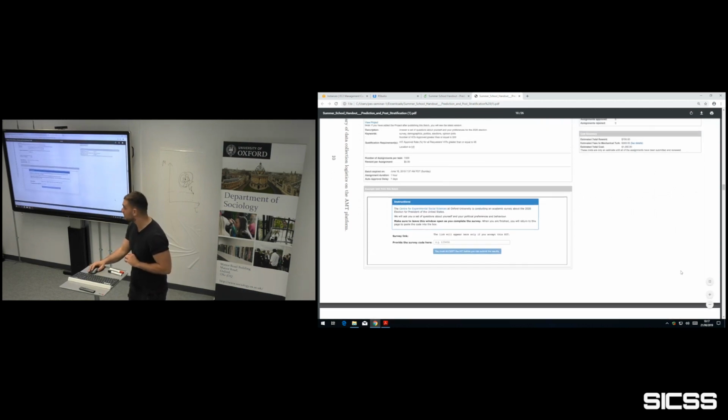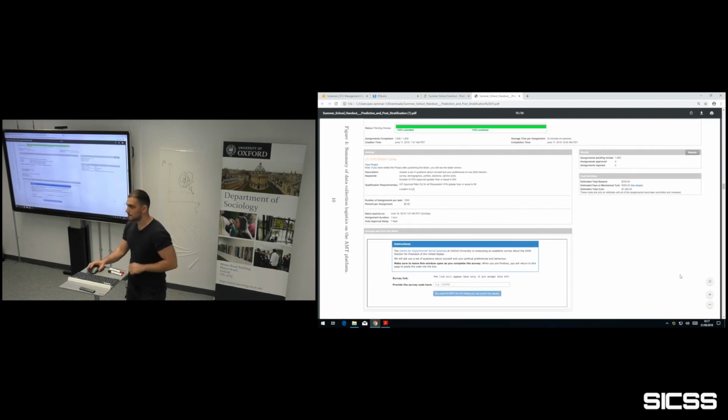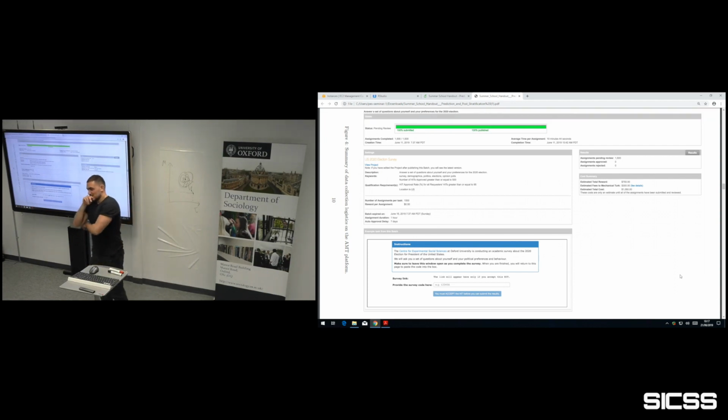Fantastic. Yep. Sorry, this is just a clarification question. What's a hit approval rate of greater than or equal to 95? So it means that I only wanted people whose human intelligence task approval rate, so the proportion of approved over non-approved, was 95% or above.